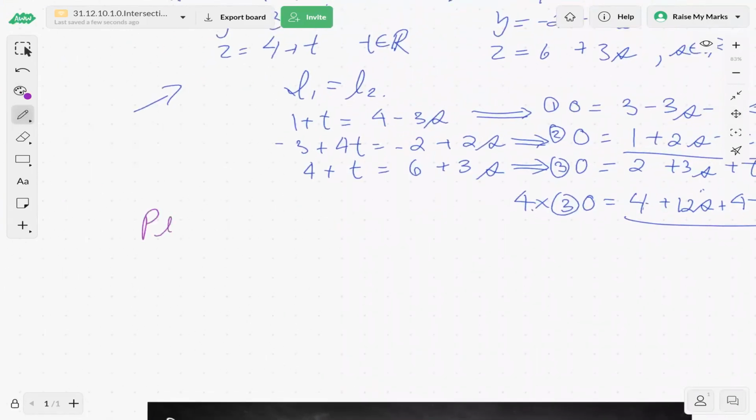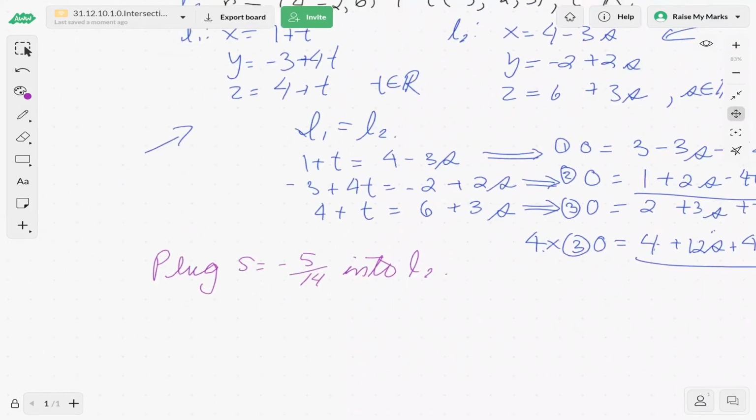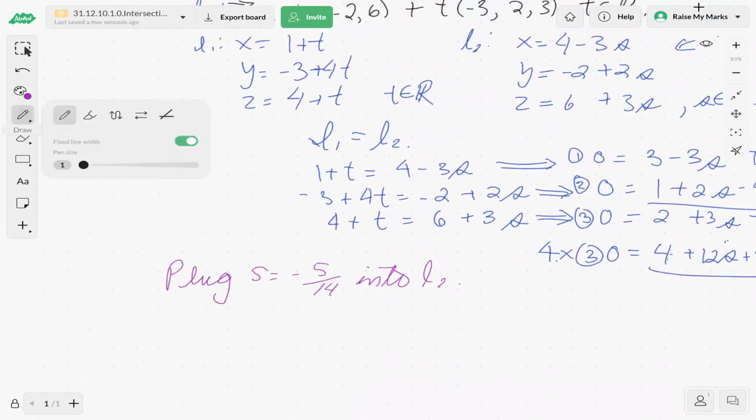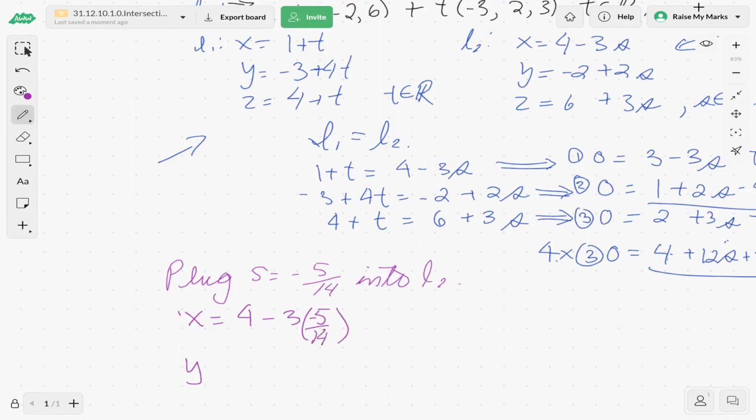Plug s equals negative 5 over 14 into line 1. Or is it into line 2? Yes, and see what we get. So we get x equals 4 minus 3 times negative 5 over 14. y equals negative 2 plus 2 times negative 5 over 14.